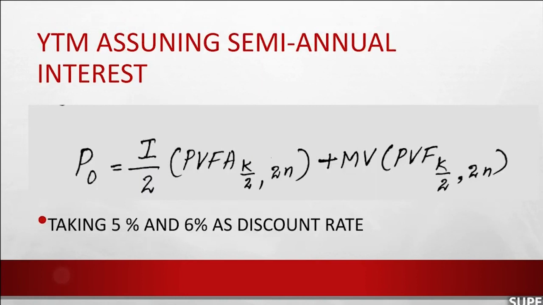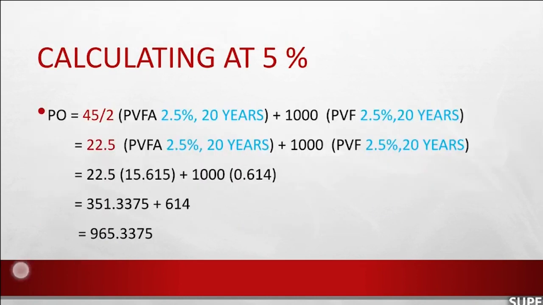Here we are applying this equation. Here we are taking 5% and 6% as discount rate. So first of all, we are going to calculate the present value or market price of the bond at 5%.